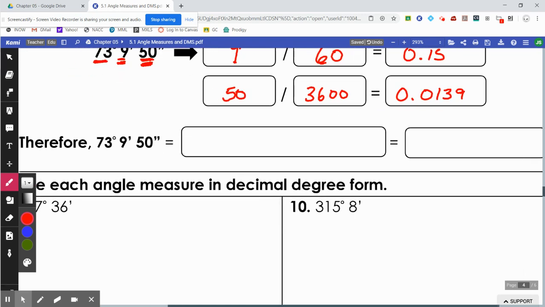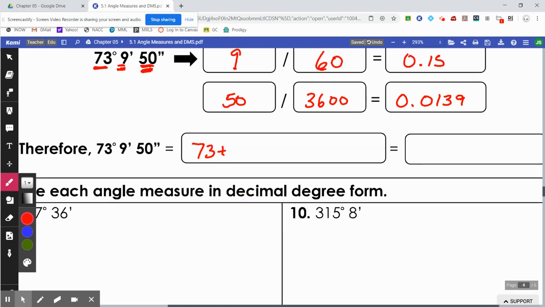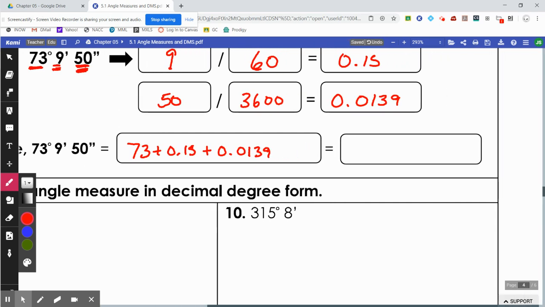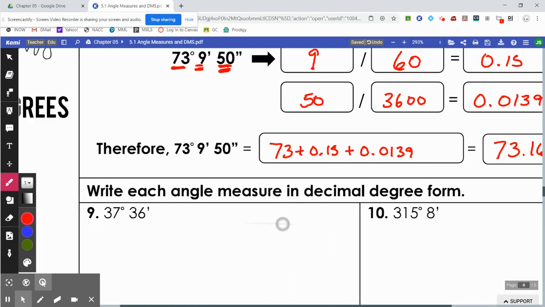So therefore, we have 73 full degrees plus 0.15 of another degree plus 0.0139 of another degree. Add all those together, and 73 degrees, 9 minutes, and 50 seconds would equal 73.1639 degrees. So now let's do some more of these.